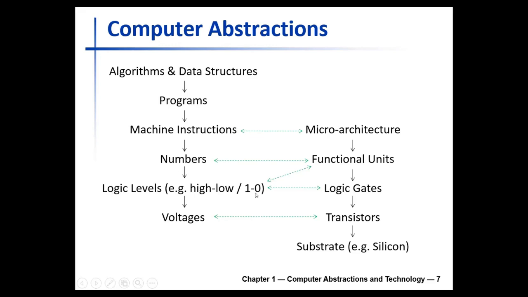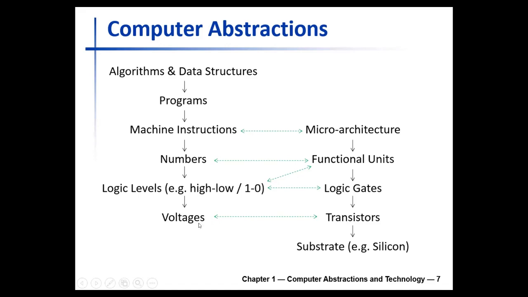Likewise, the logic levels themselves are represented using voltages, right? So logic level 1 is represented using a higher range of voltage levels, let's say 4 to 5 volts. And logic level 0 can be represented using a different range of voltages like 0 to 1.